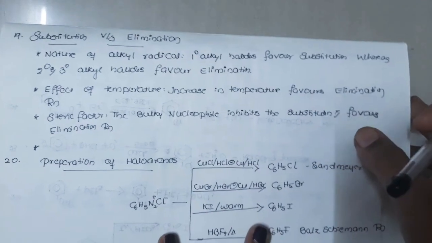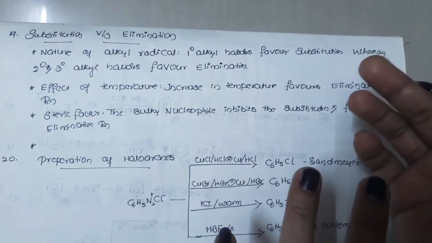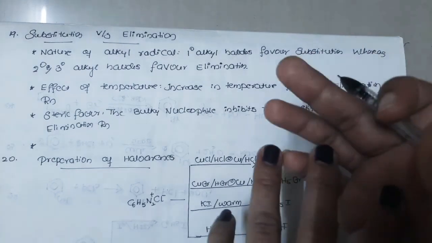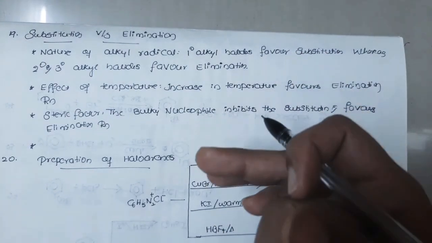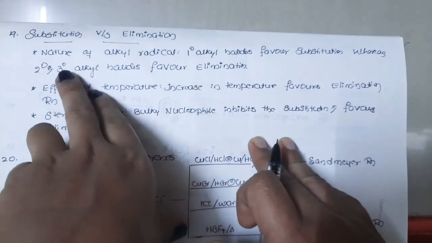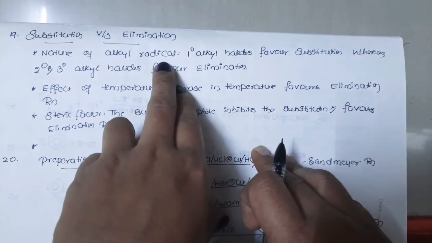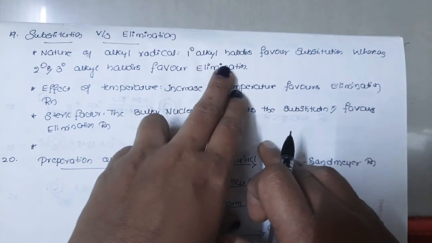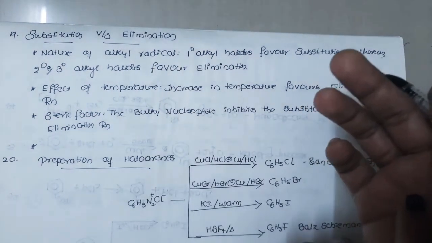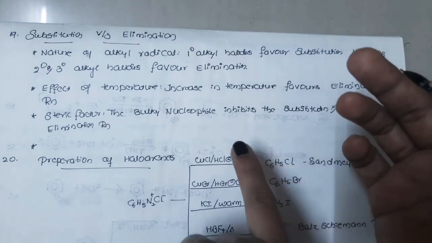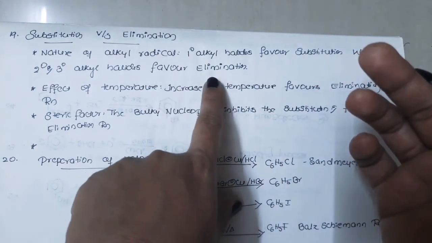There are some different points regarding substitution versus elimination. So what are those points? See here, nature of the alkyl radical: primary alkyl halide favors substitution, whereas secondary and tertiary alkyl halides favor elimination.